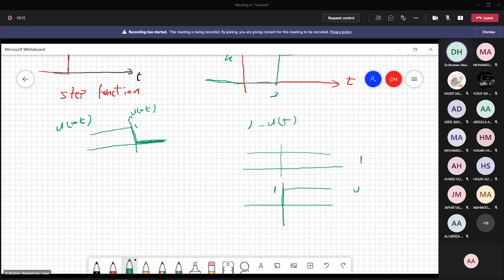If we subtract these two, then here we have 1 minus 0, so it will be equal to 1. And here we have 1 minus 1, which is equal to 0. So then u of minus t is equal to 1 minus u of t. Okay, فممكن تكتبها بالطريقتين.